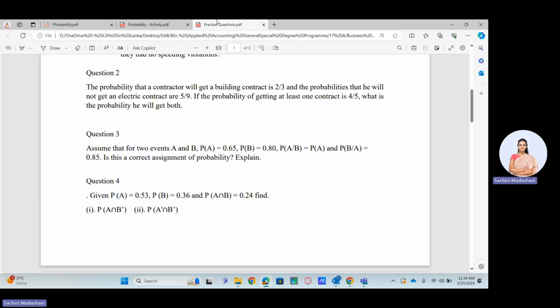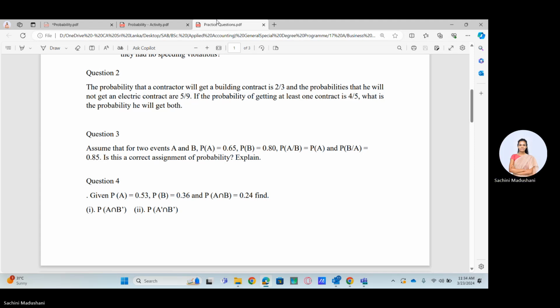Intersection means always both. A dash means not including the A. B dash means not including the B.